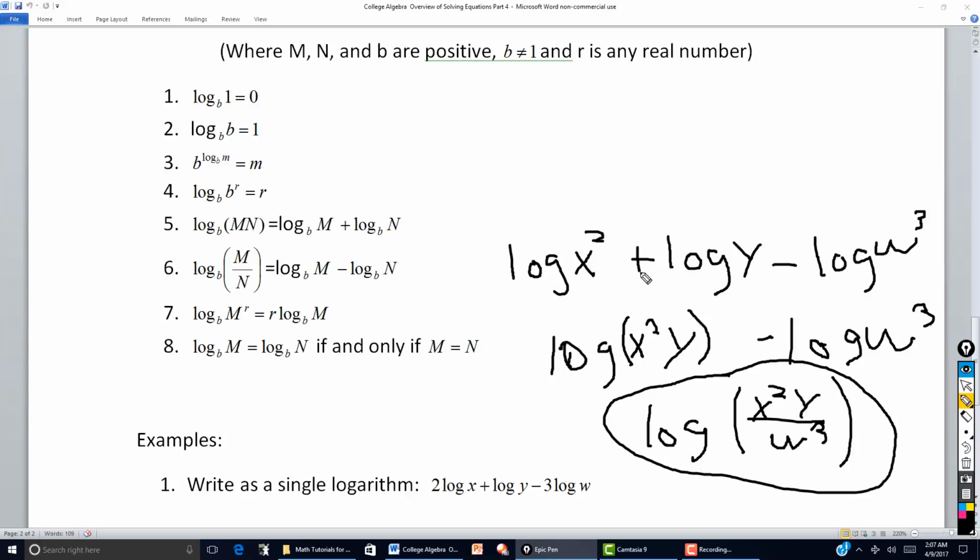So this would go to that, and then this would be this. Okay, and then if I want to rewrite it with the powers here, I can write the 3 here, the 2 here, and wind up with what I started off with. Okay, so it came back to the same answer. Okay, let's clear this.